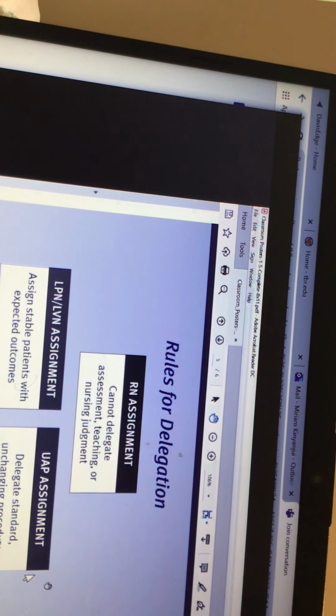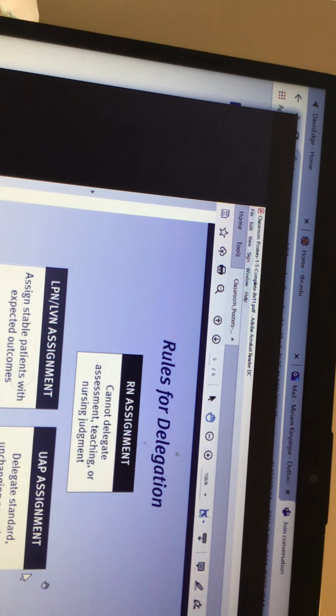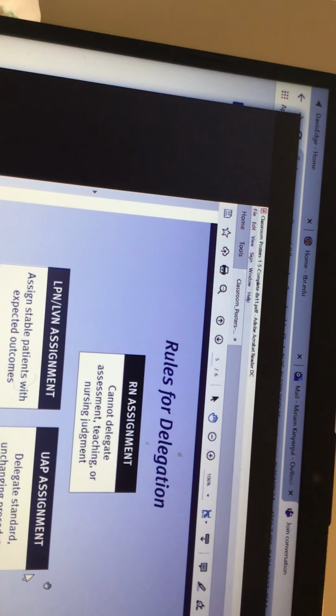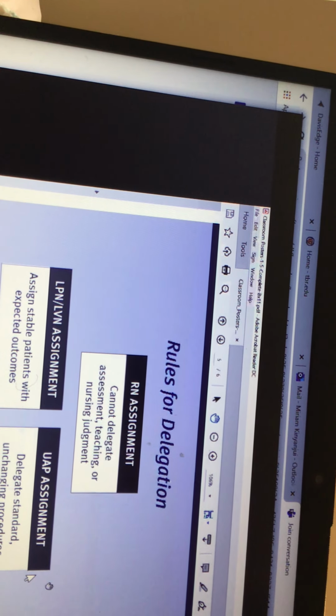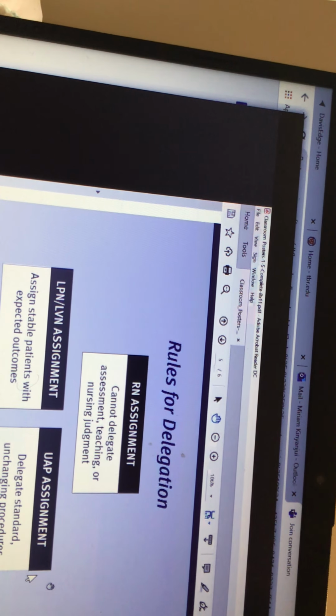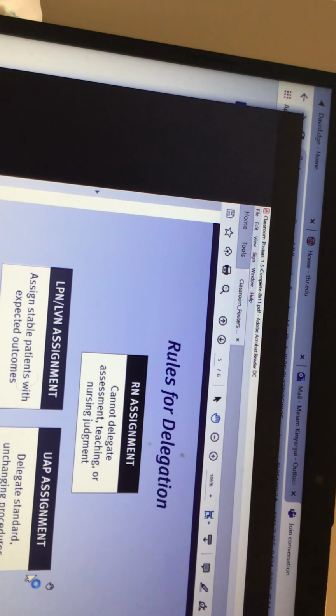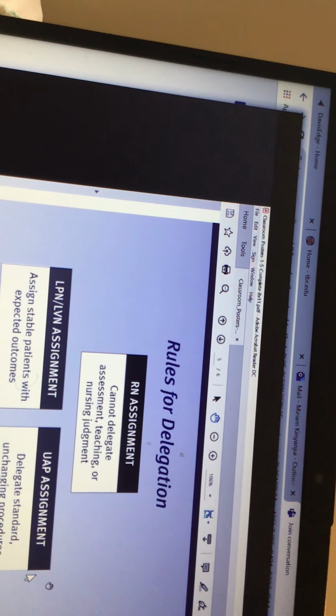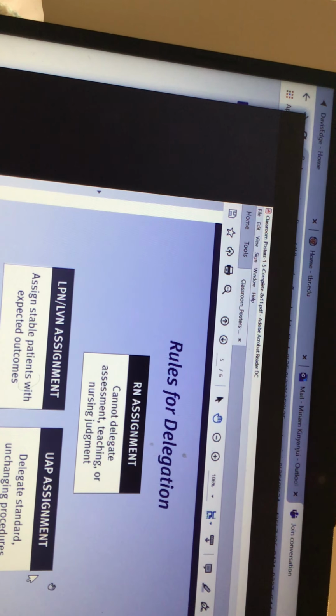Yes, the aide can. The tech can give the tube feed. The patient had a history of SAH. Doesn't mean it just happened. So they're stable. They've been in that state maybe for 20 years. Okay, and they're in a long-term care facility.